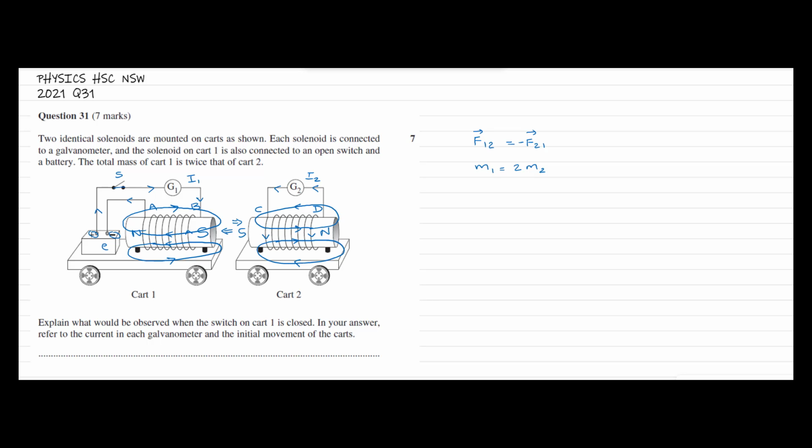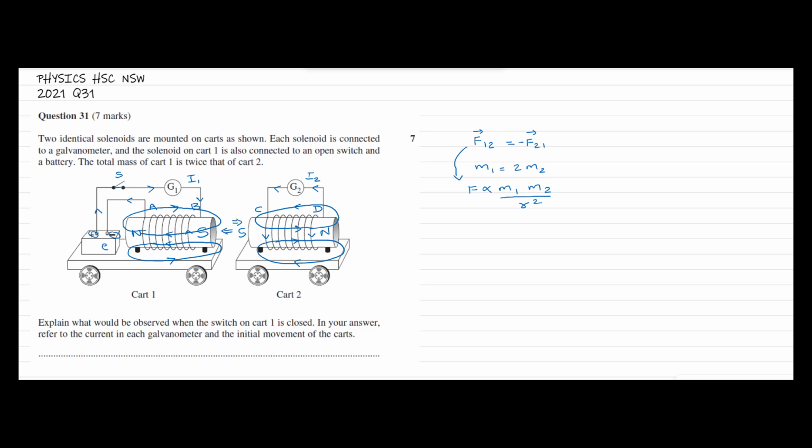Before we go further, how do we get this, that the forces are equal? If you see the force between two magnetic poles, it is directly proportional to the pole strength of the first pole and the pole strength of the second pole, and inversely proportional to the radial distance between the two.